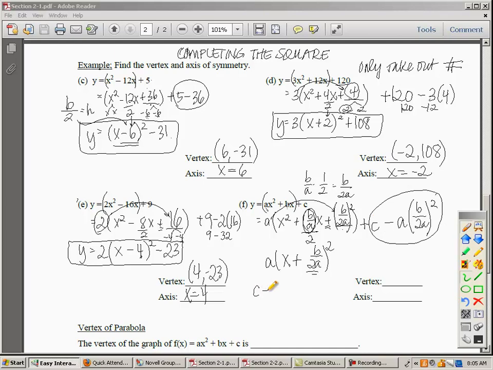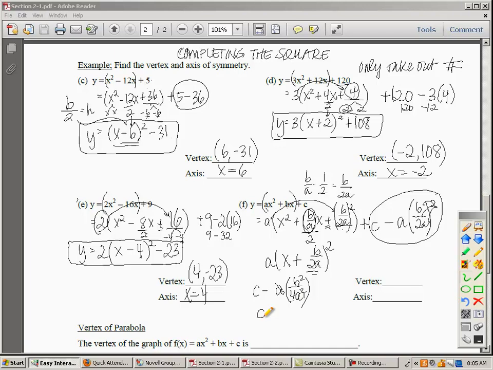I have c minus a, and I'm going to square each of these. So this square gets distributed to all three. So I have b squared over 4a squared. And this a will cancel with one of the a's on the bottom.